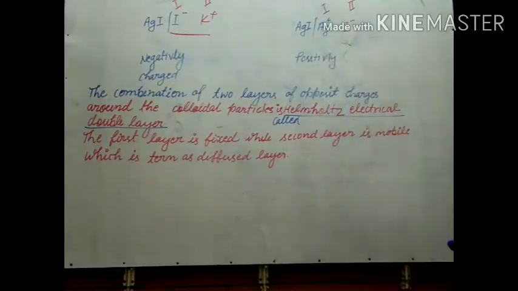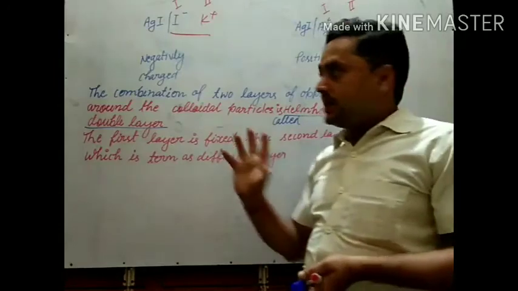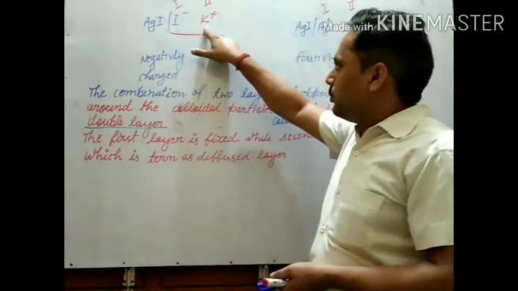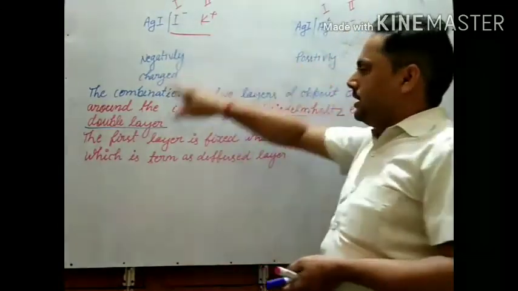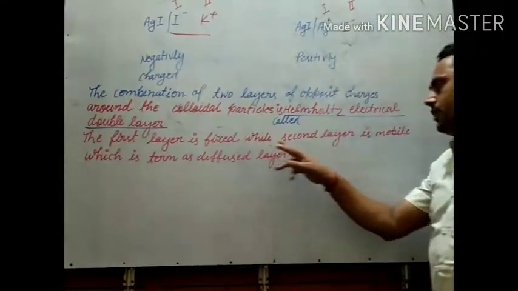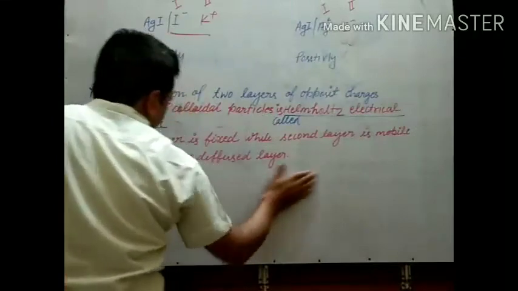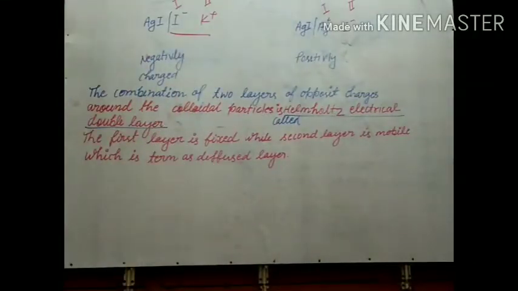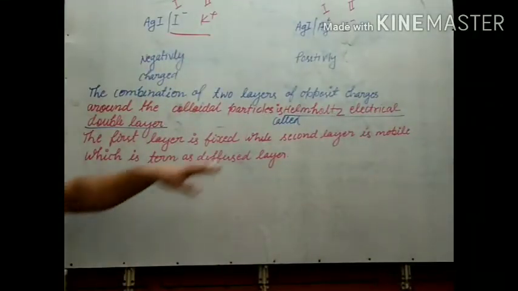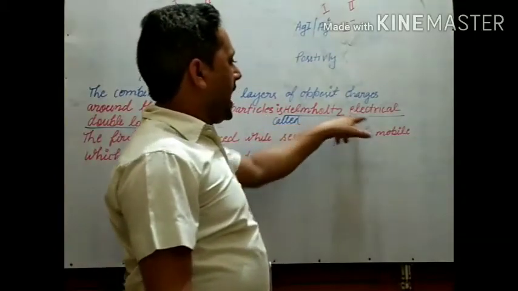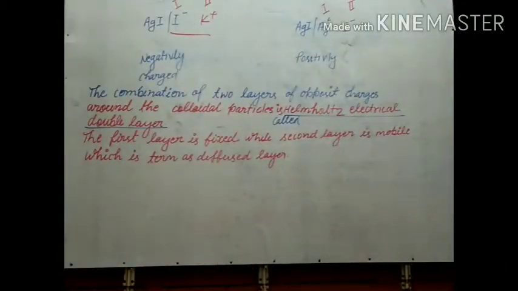That's why the second layer is called diffuse layer. The first layer is fixed while the second layer is mobile, which is termed the diffuse layer. So we have defined Helmholtz's electrical double layer.